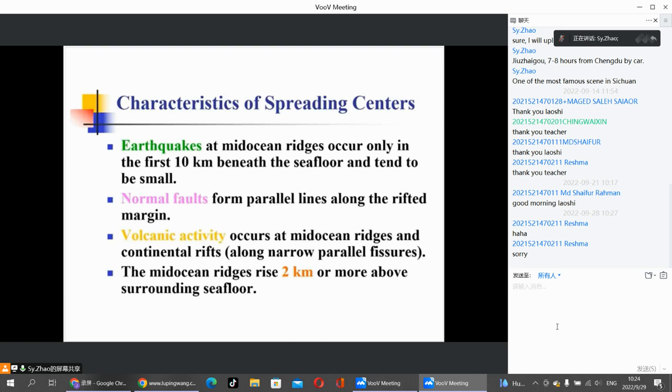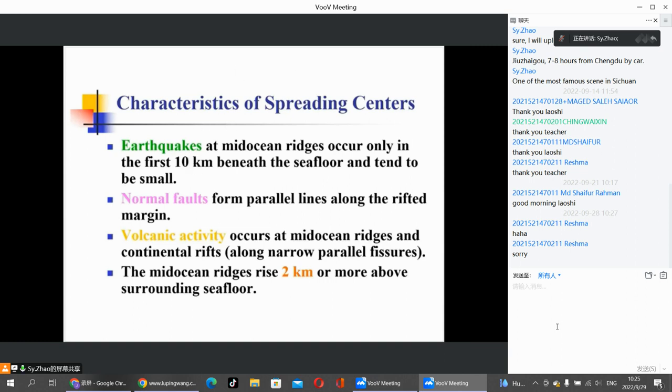The normal faults form parallel lines along the rifted margin. Volcanic activity occurs at the mid-ocean ridges and continental rifts along narrow parallel fissures. The mid-ocean ridges rise 2 kilometers or more above the surrounding seafloor. These are the characteristics of the spreading centers.